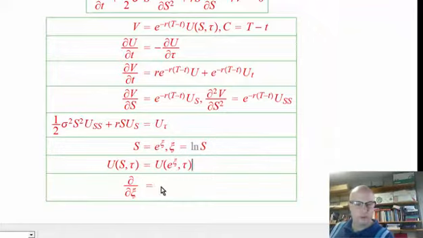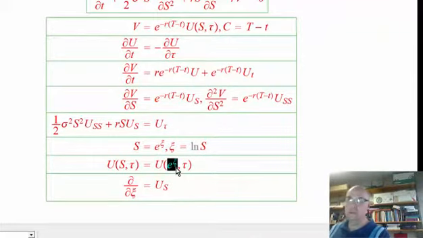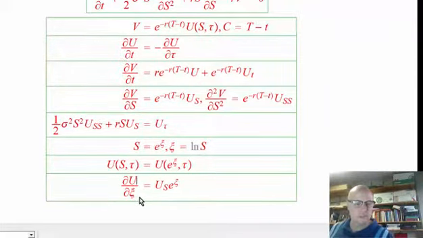So when I differentiate with respect to squiggle, that'll be the derivative of u with respect to the first argument, which is like our s, so that'll be u sub s times the derivative of s with respect to squiggle. Well, since it's e to the squiggle, the derivative of e to the x is just e to the x. So that's what we get if I differentiate u with respect to squiggle. It's the derivative of u with respect to s just times e to the squiggle.